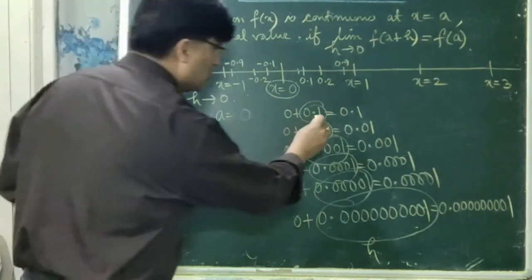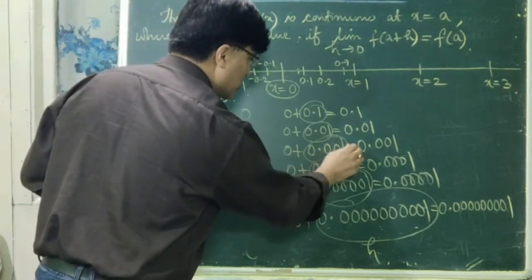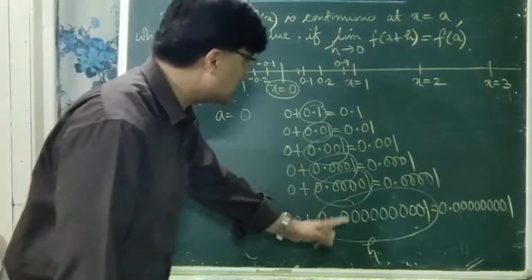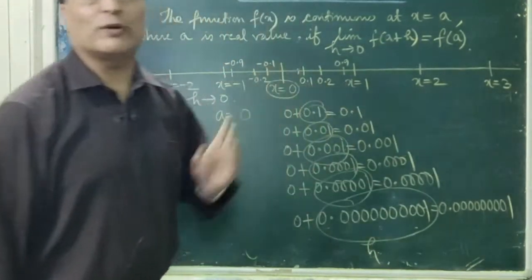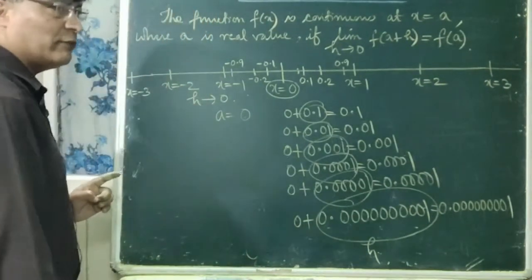All these points, 0.1, 0.01, 0.001, instead of taking all of them we take h, where h is a very very small positive quantity.